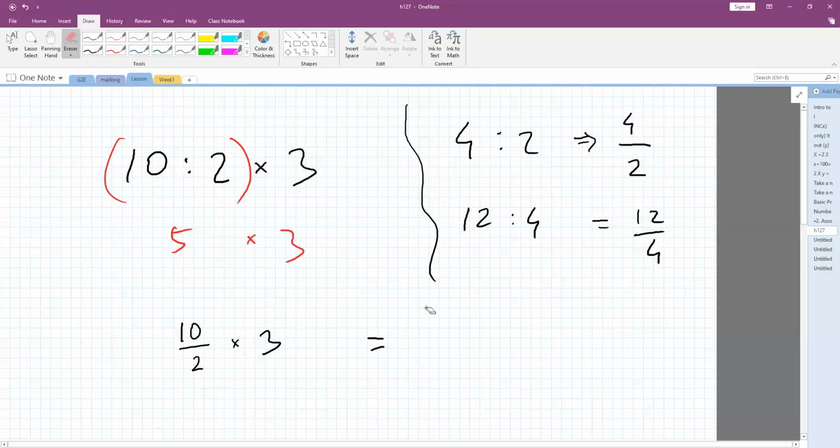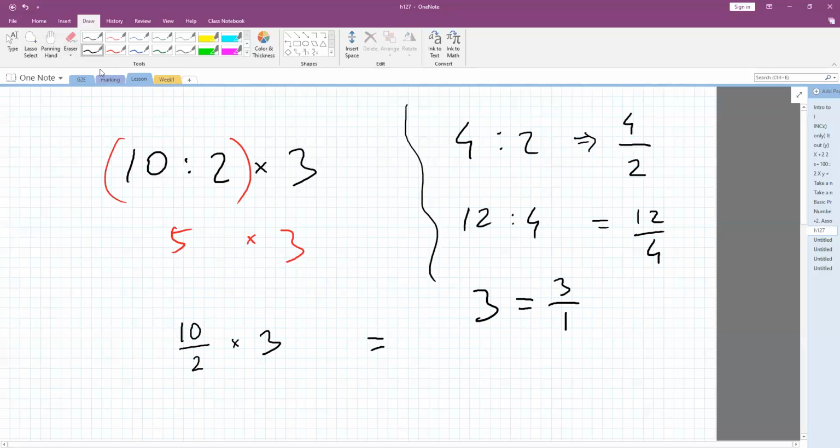So now what about if I have just an integer like this one? So if I have 3, yeah, this is like 3 divided by 1 or 3 on 1. Okay.